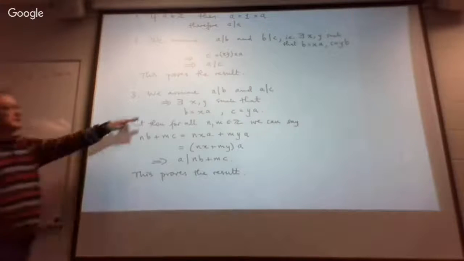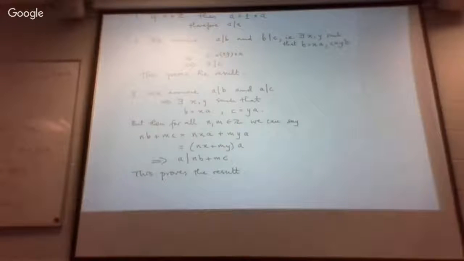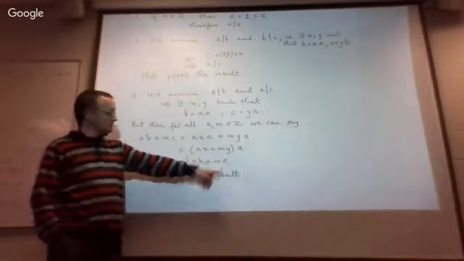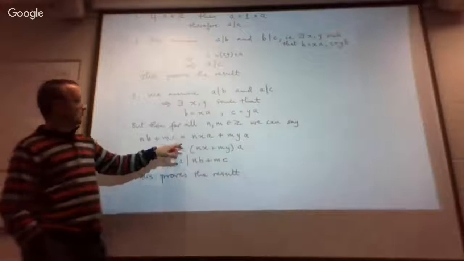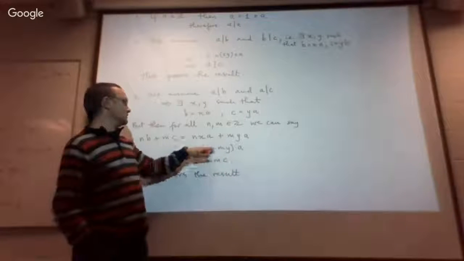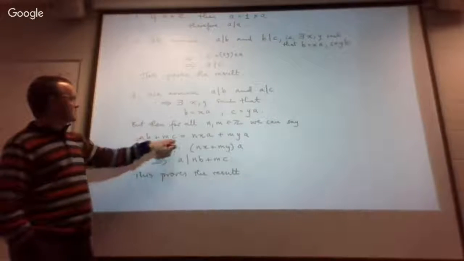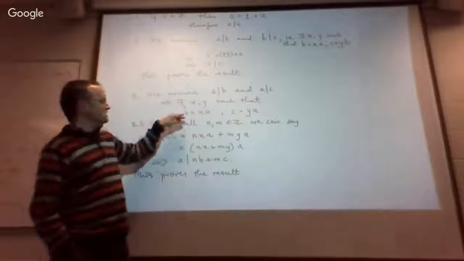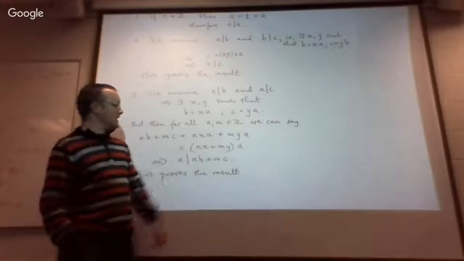That's unraveling these two divisibility statements that we were given and should assume. And we're trying to get to this one down here. We want to write NB plus MC as some multiple of A. Immediately you can rewrite that using these substitutions: NxA plus MyA.